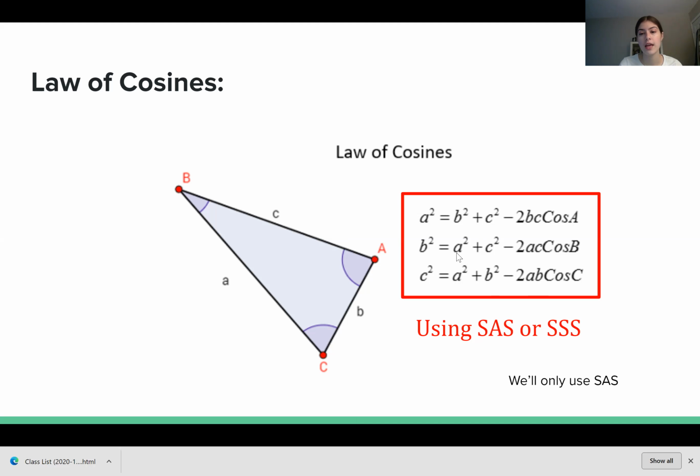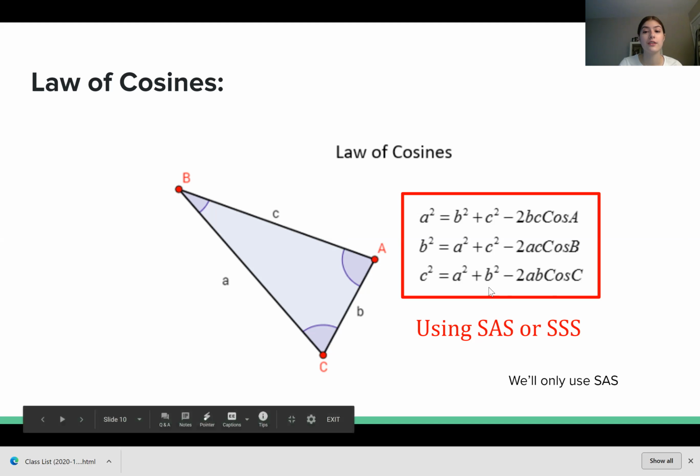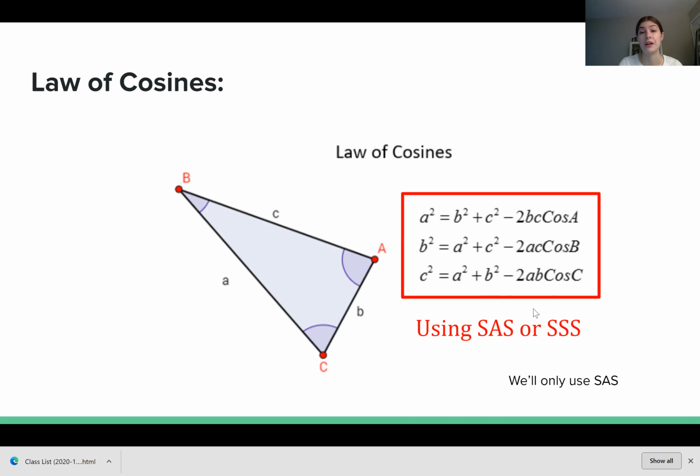Here, for example, a and c are two sides, and then the cosine of angle B, two sides and one angle. So you're always given the two sides and then the angle in between. You're always given all of these variables to plug in. All you have to do is plug it in.